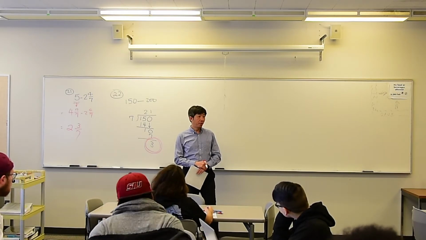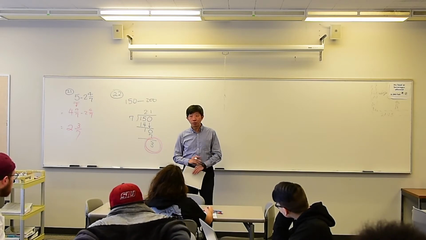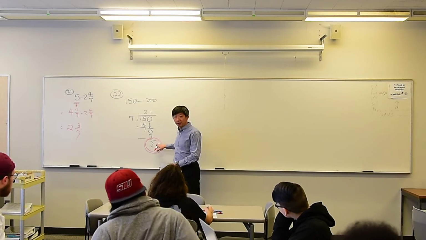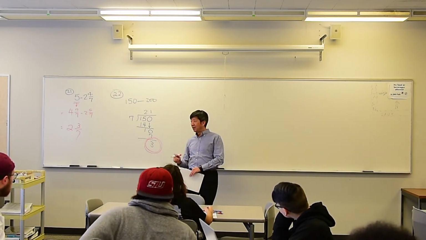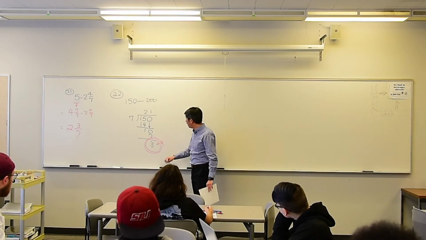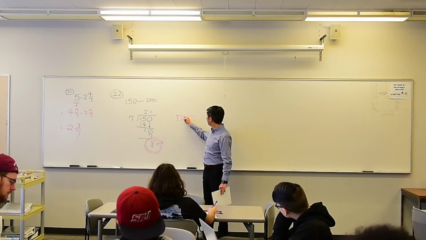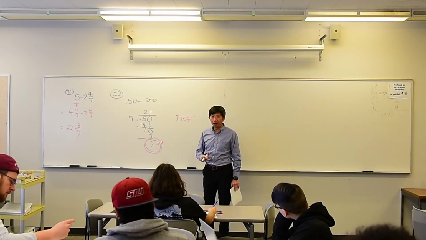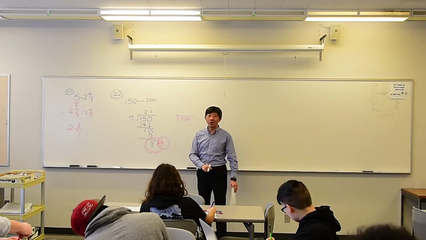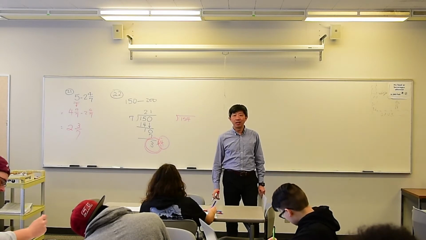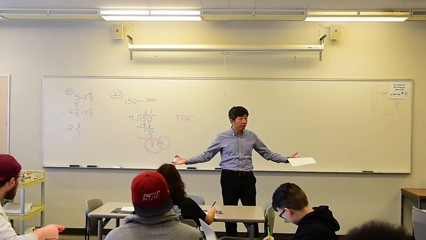You have 3 left over, right? If you add 4, this will make it 154, and divisible, right? You add 4 more, and you make it divisible. Are you with me for this concept?